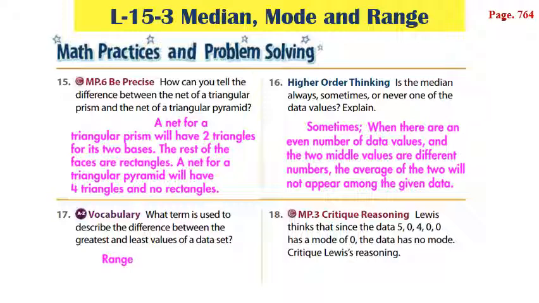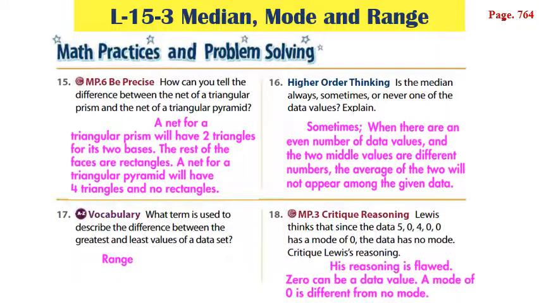Okay, now a critical thinking question, number 18. Lewis says that since the data 0, 4, 0, 0 has a mode of 0, the data has no mode. Critique Lewis's reasoning. What is your answer? Very good. His reasoning is flawed. 0 can be a data value. A mode of 0 is different from no mode.